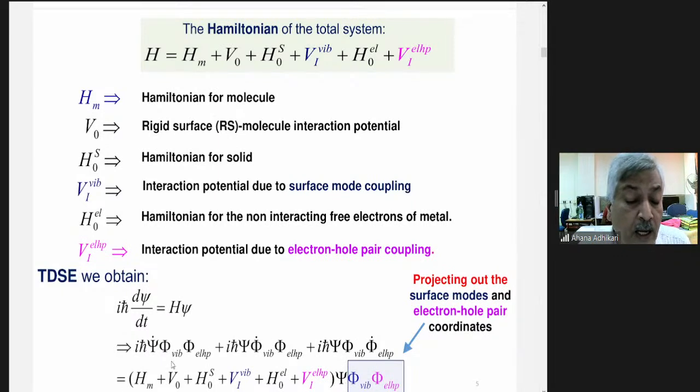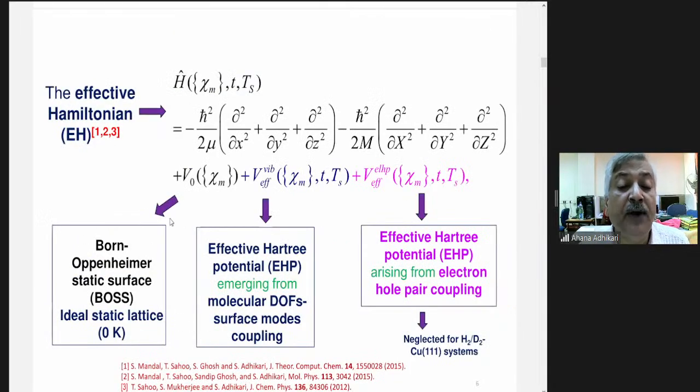Then you include even the electron hole pair zeroth order Hamiltonian, and the interaction between the molecule and the electrons roaming around on the surface, then you can get this kind of equation, and then you project out the surface mode and the electron hole pair coupling. You just need to multiply from the left phi vibrational and phi electron hole pair, and then you can come up with the effective Hamiltonian.